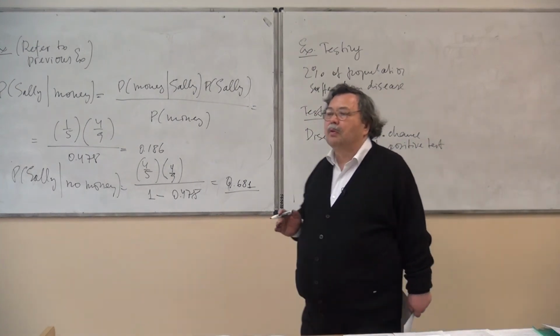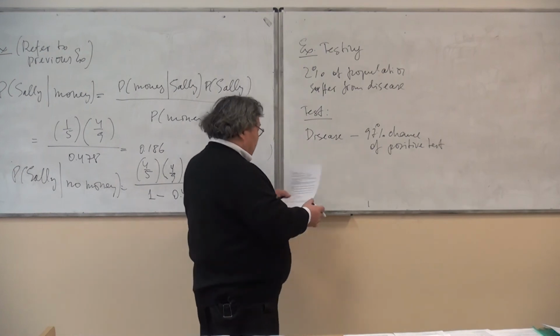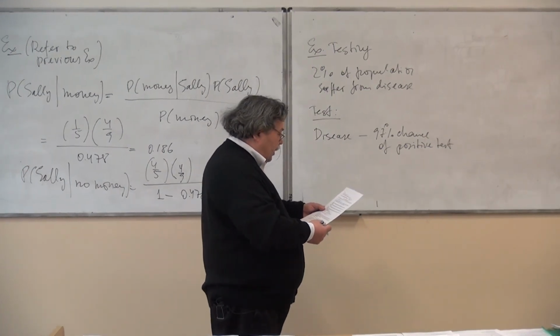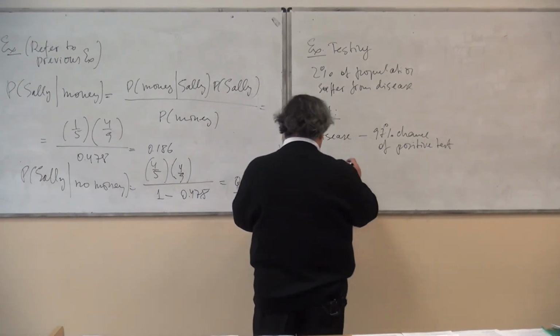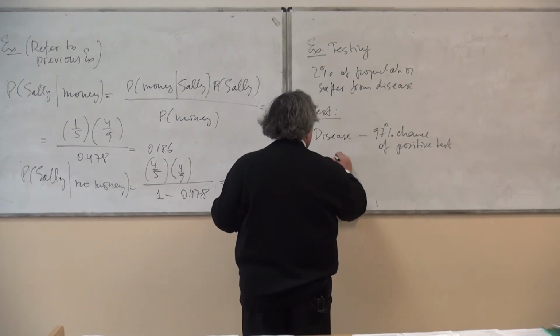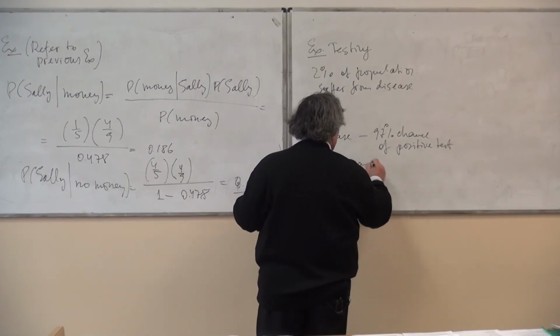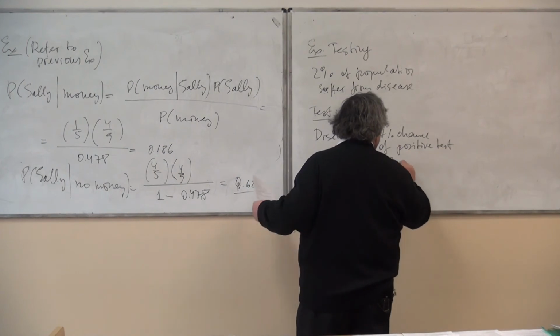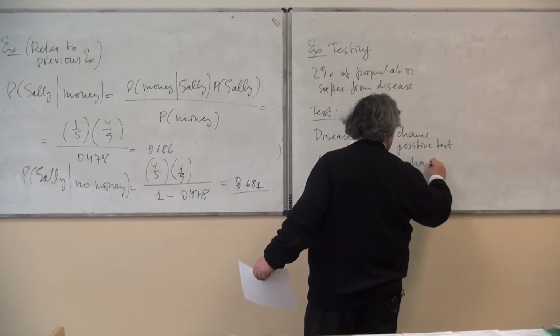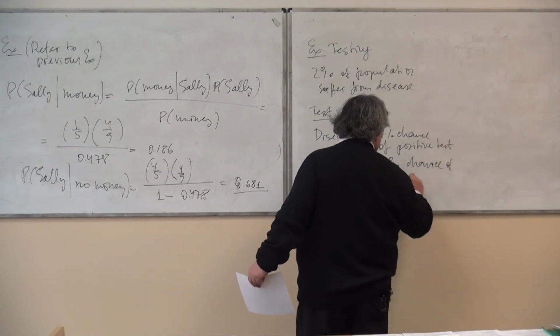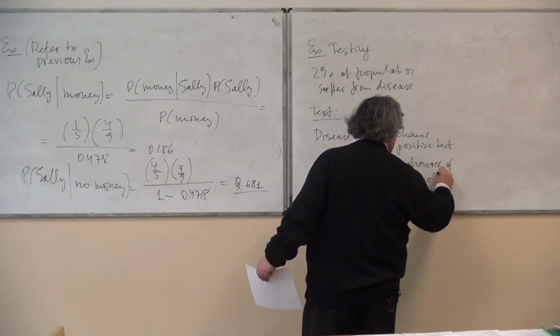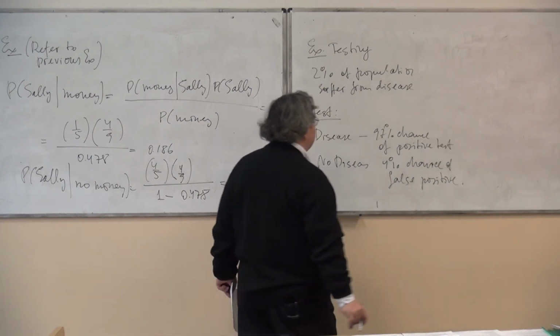Okay, it's called false positive. Let's assume that if there is no disease, there is a 4% chance of a false positive result. Okay.